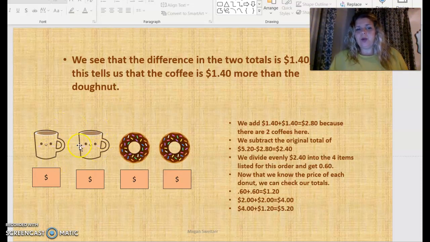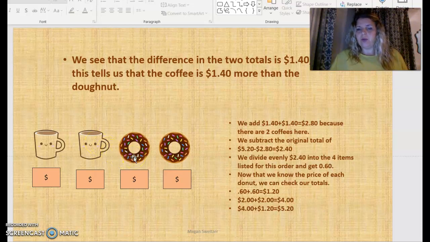So since in this problem we have 2 coffees, see I've listed the steps over here to the side. And I do that so that students can keep track of me and I can keep track of where I'm going. And so if you get behind, then you can look as well as ask questions. So we add $1.40 and $1.40, and we get $2.80 because there's 2 coffees here.